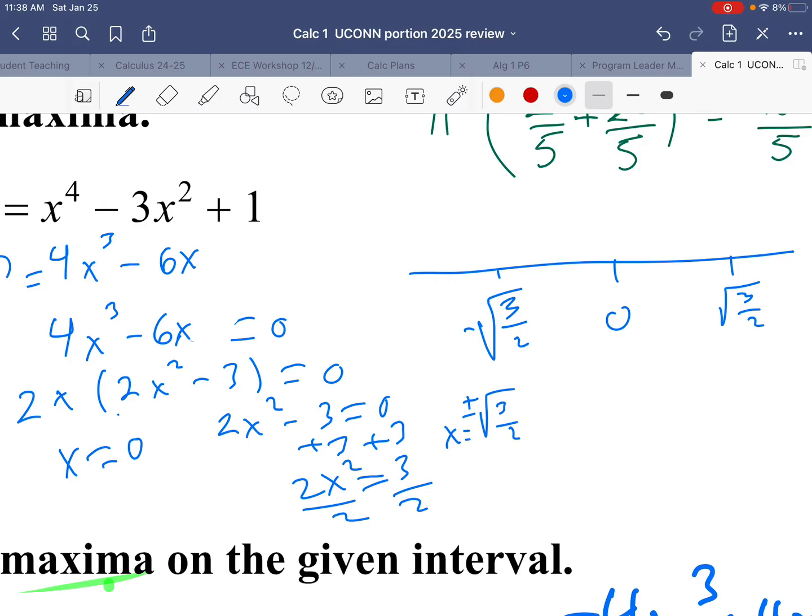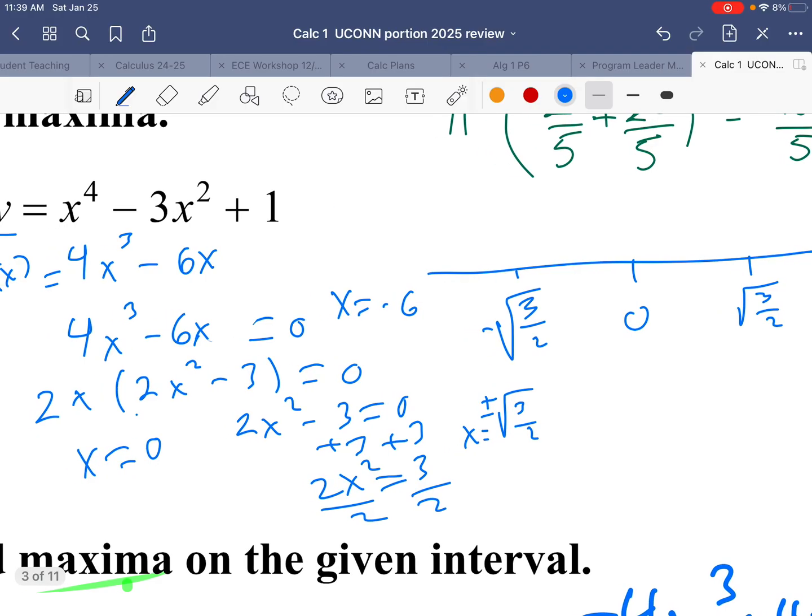Okay, so if I'm trying to look at values in between, again, I'm testing out at this spot here. If I want to pick a number to the left, it doesn't have to be something that's smaller. I could do like x equals -6. If I did 2 times -6, all of that times 2 times -6 squared minus 3.